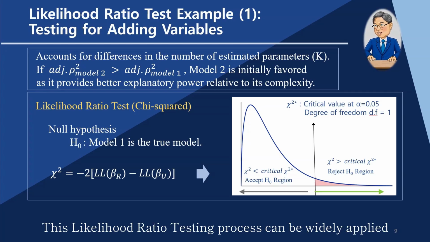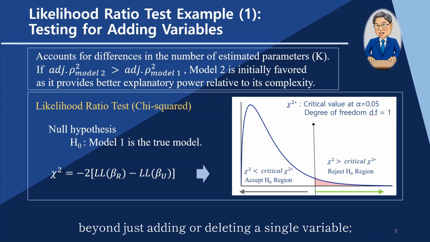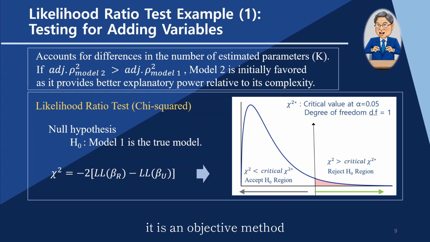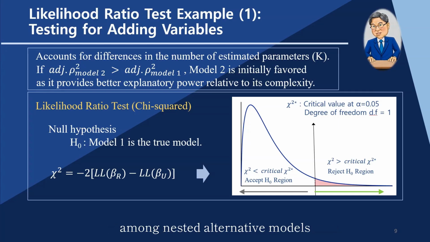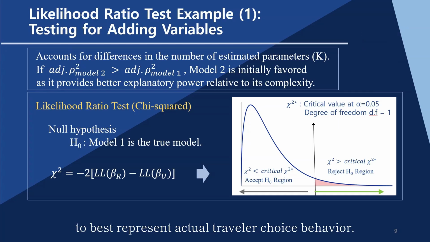This likelihood ratio testing process can be widely applied beyond just adding or deleting a single variable. It is an objective method for identifying the optimal utility structure among nested alternative models to best represent actual traveler choice behavior.